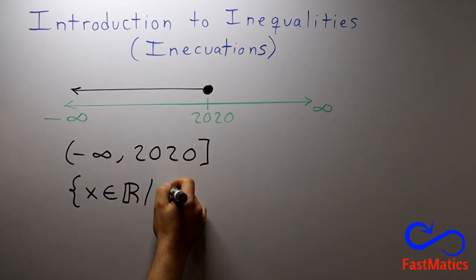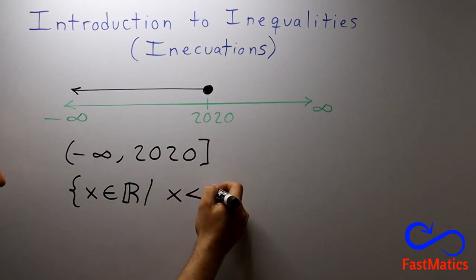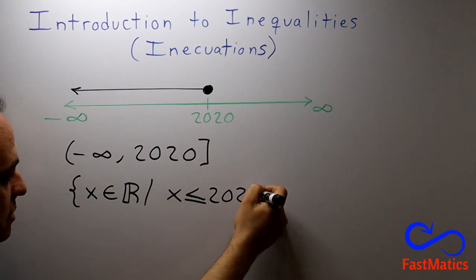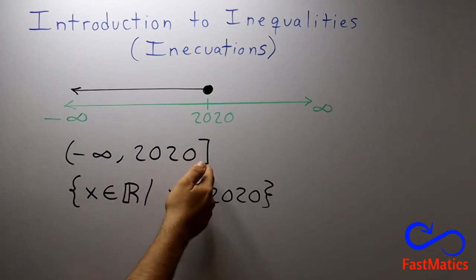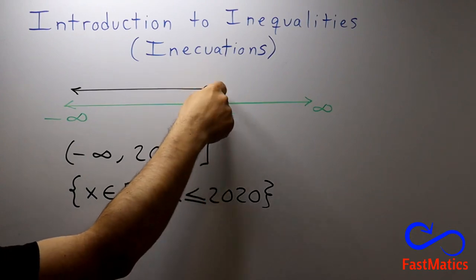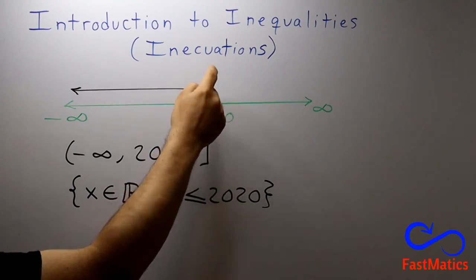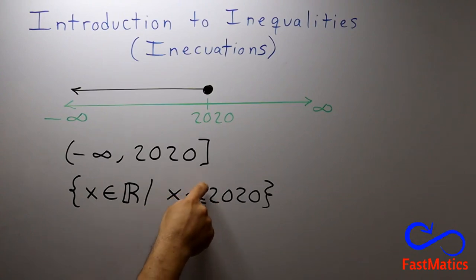So you say numbers less than or equal to 2020. If we were not considering the 2020 year, we should put an open circle and less than, not less than or equal to.